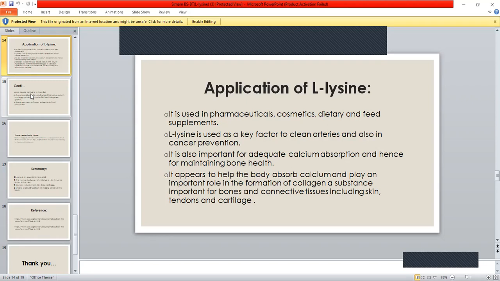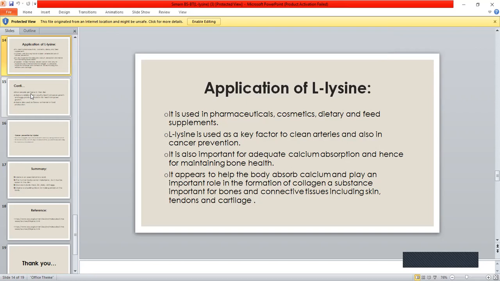It also helps in calcium absorption. Calcium is most important for our bones, and lysine helps us absorb more calcium and makes our bones healthy.